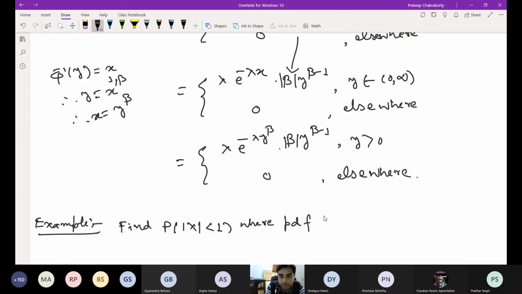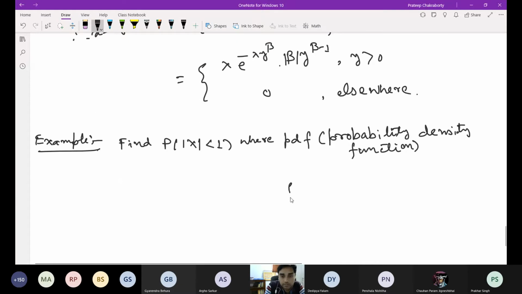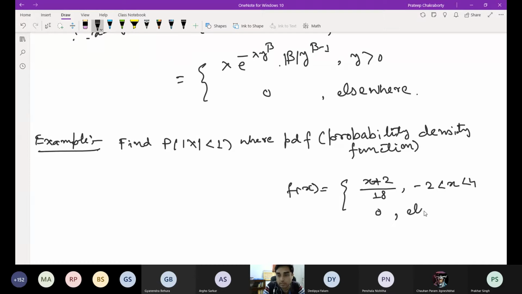You know what PDF means; sometimes you also use the term probability density function, which we use for continuous random variables. The PDF is f of x equal to x plus 2 by 18 for minus 2 less than x less than 4, 0 elsewhere.